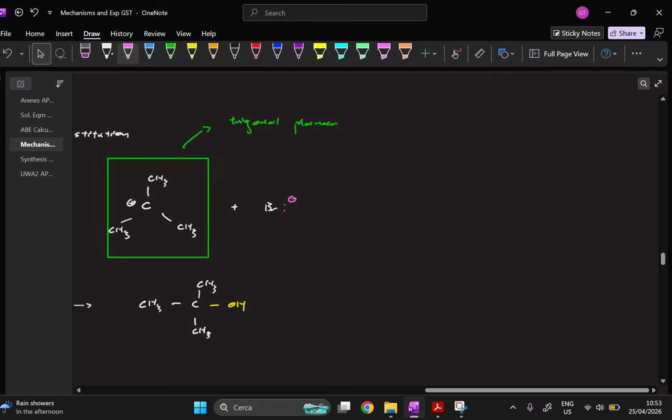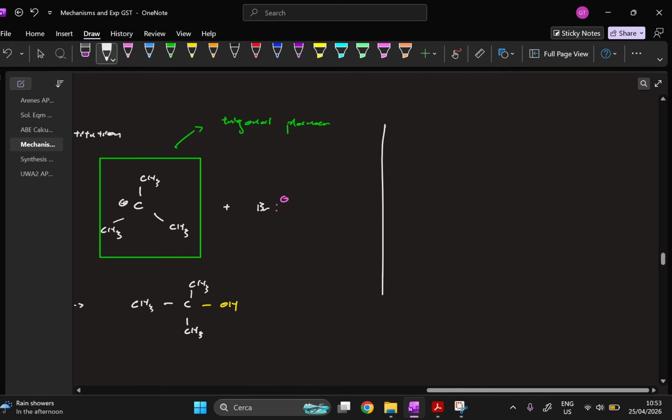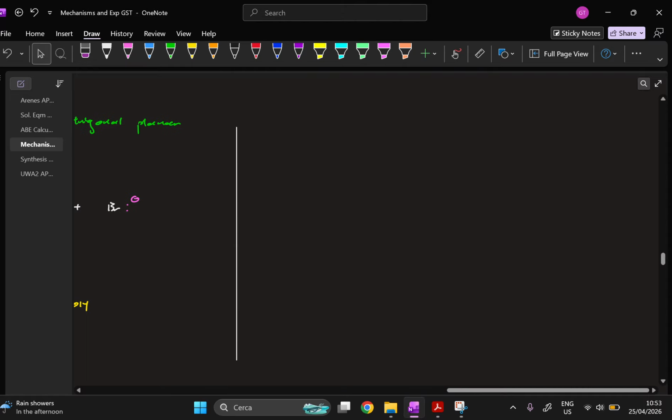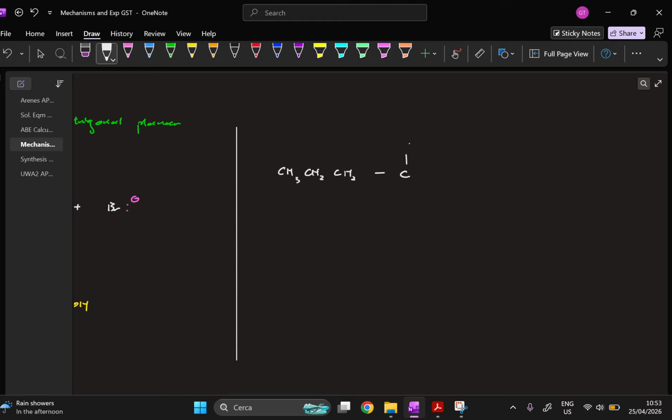But then I extend this a bit, I change the question. What if the tertiary carbocation that I'm interested in is this? Sorry. Let's make this 3 carbon. Okay, so let's make this a propyl group. This is my central carbon. Let's make this a methyl group, and then this one an ethyl group.